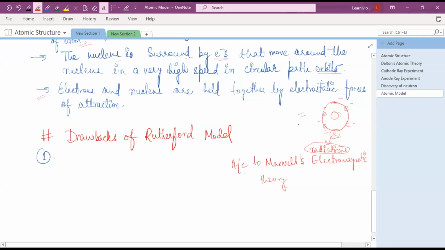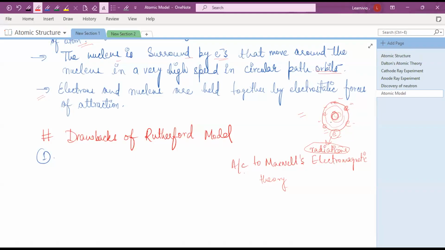And the energy that comes from the radiation, from the electronic motion, so what will happen? This electron, moving and moving, will go into the nucleus, right? But actually it doesn't happen.